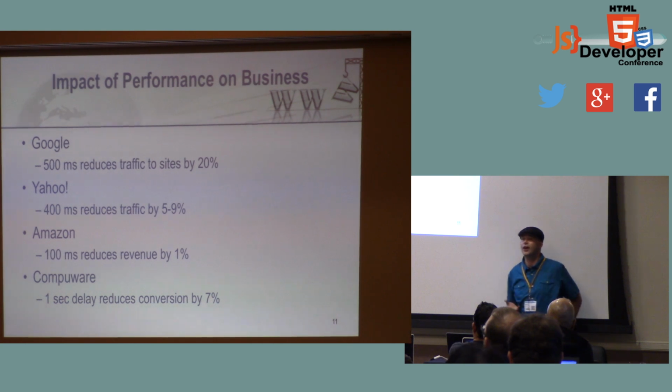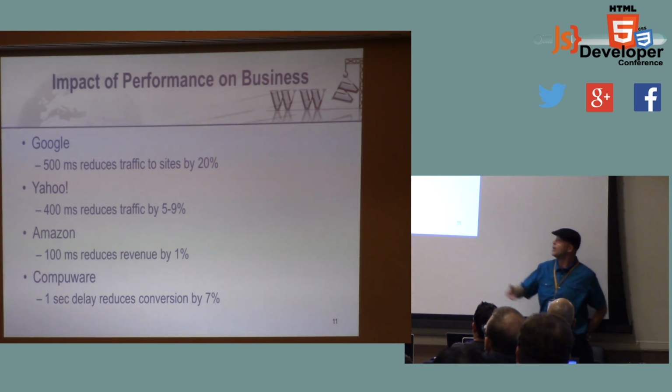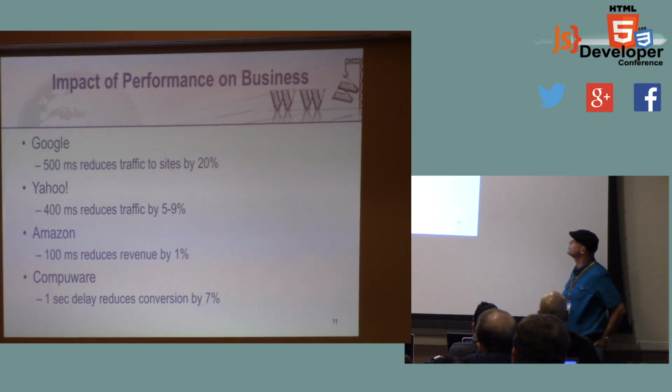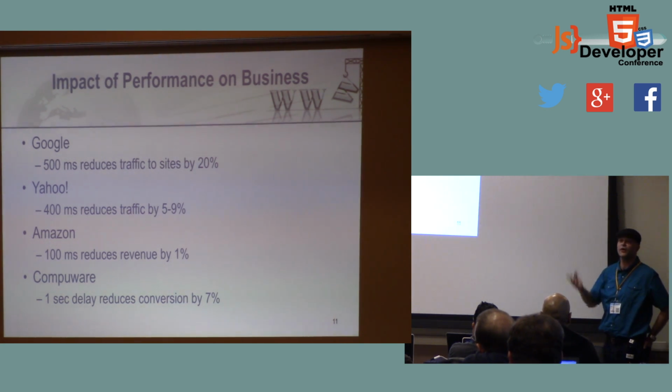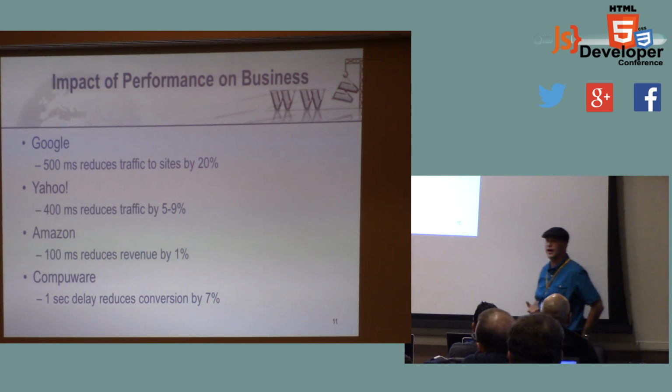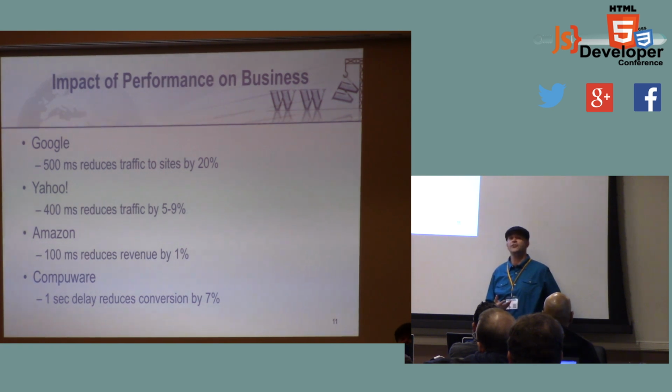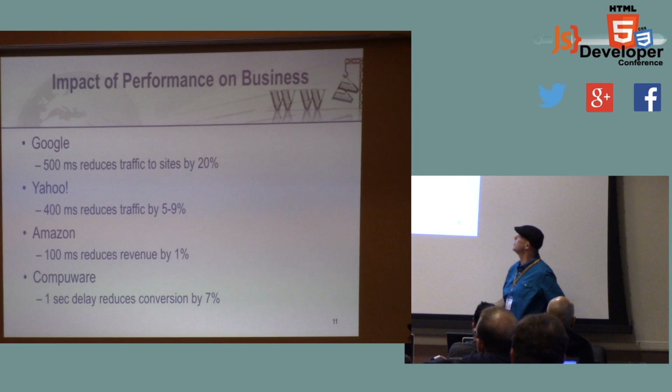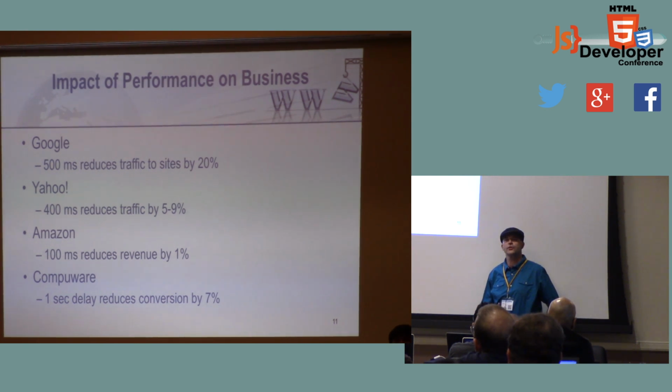Your business cannot take any valid inference from Google saying that a reduction in 500 milliseconds reduces traffic to sites by 20%. You can't infer anything like that. You may very well be running Etsy, where the whole page is full of thumbnails, and it takes each individual thumbnail 500 milliseconds to load. They're just not in the same business that Google's in. What sort of inference can you draw?